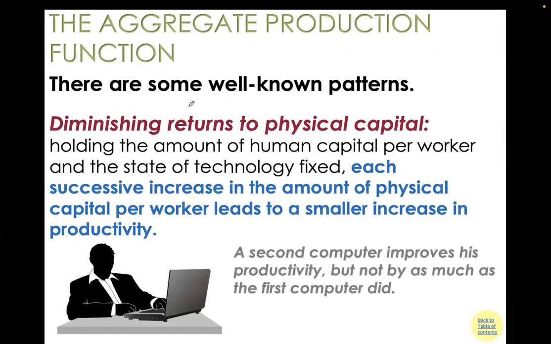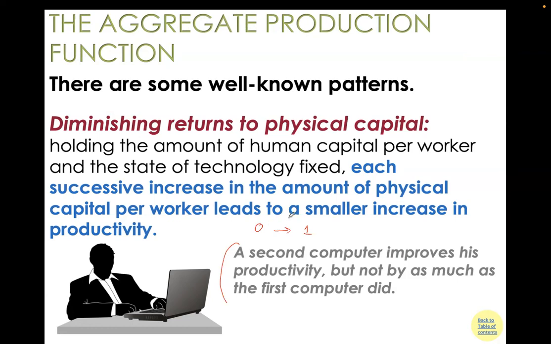For this production function, there are some well-known patterns, and they are very important. The first thing is called diminishing returns to physical capital. What does this mean? This example tells us. When you move from no computer to one computer, it's not hard to imagine, actually everyone has that experience.